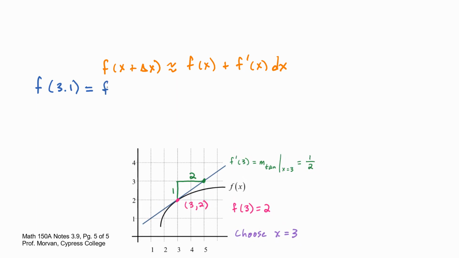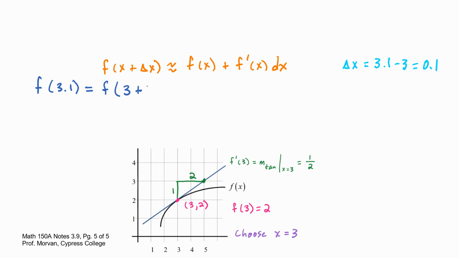So we're going to do f of our known x value, which is the same, 3, plus, now this time we have to calculate delta x as 3.1, the value we're trying to find, minus 3, the value we know, which is positive 0.1.